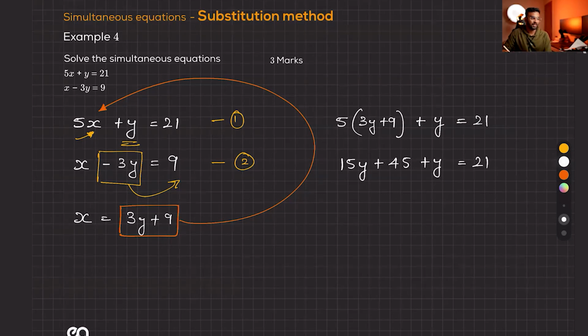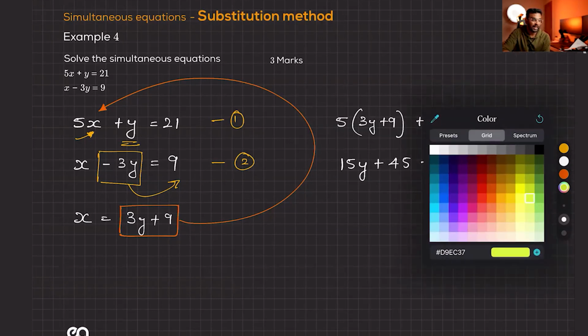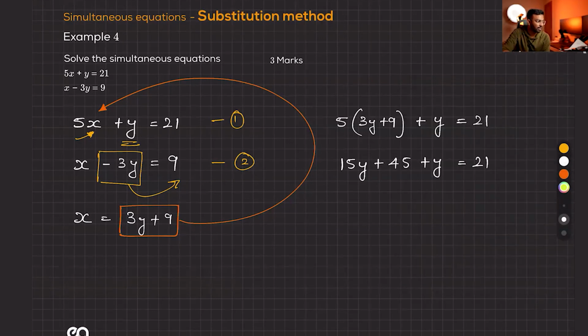Clear steps. Now, remember I wrote down a step before and told you I will teach you a faster one. You're doing two steps at the same time. Watch what I'm doing. You see this 15y and y? I'm going to add them up. Why? Because they are like terms.